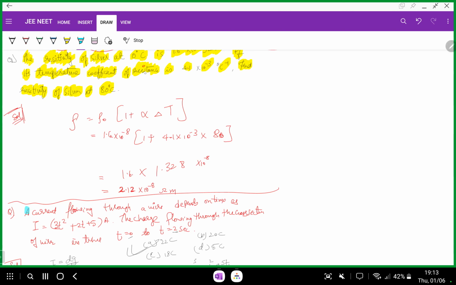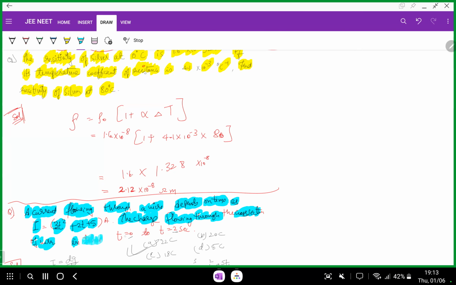And next question: a current flowing through a wire depends on time as I equals 3t square plus 2t plus 5 ampere. The charge flowing through the cross section of the wire between t equals 0 and t equals 2 seconds. So this is the range given.